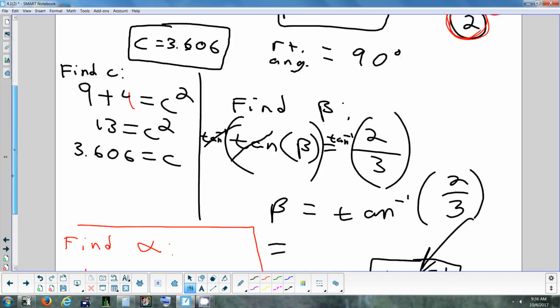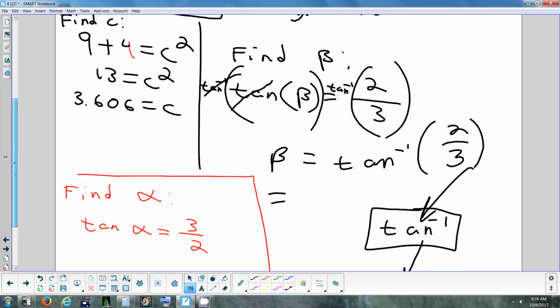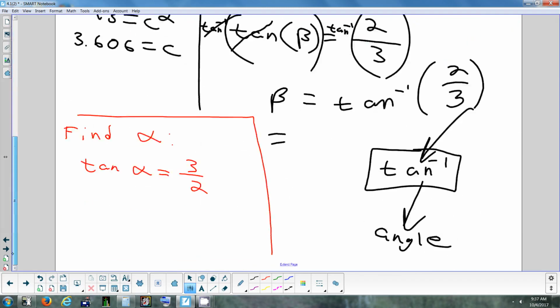Yeah, 3 over 2. Look at the difference. Before it was 2 over 3. Now it's 3 over 2. The reason they switched places is because we switched angles. Now everything is from the perspective of alpha, no longer from the perspective of beta. When you do an inverse trig problem like this, that's how you always do it. It's the same idea.